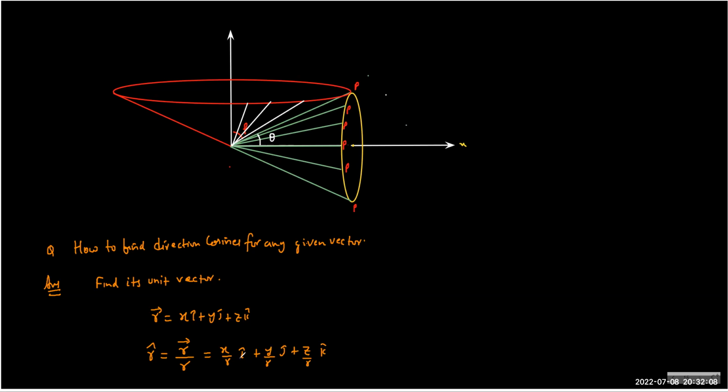So the coefficient of i cap represents what? Cos alpha. The coefficient of j cap represents cos beta. And the coefficient of k cap represents cos gamma, and we're done.